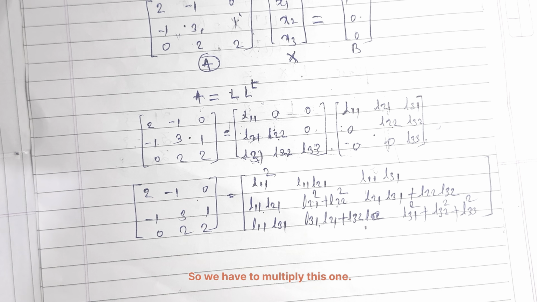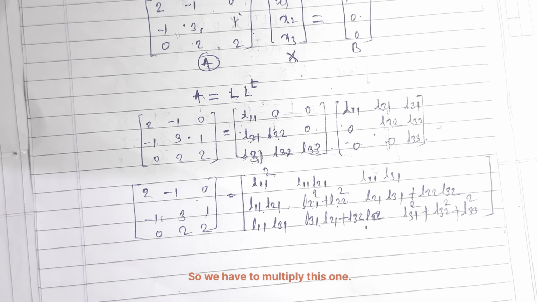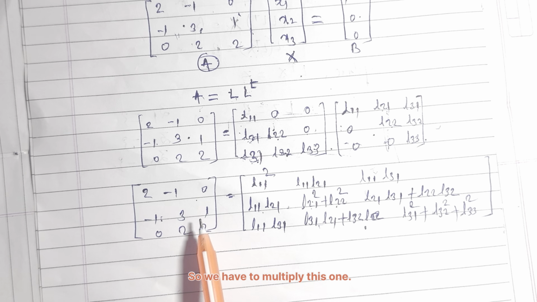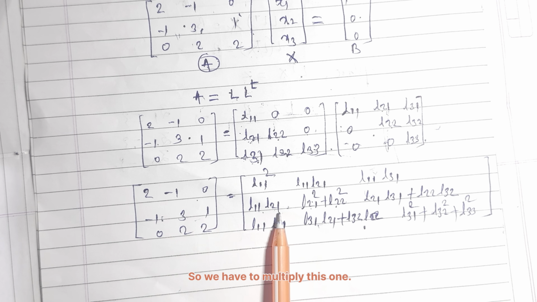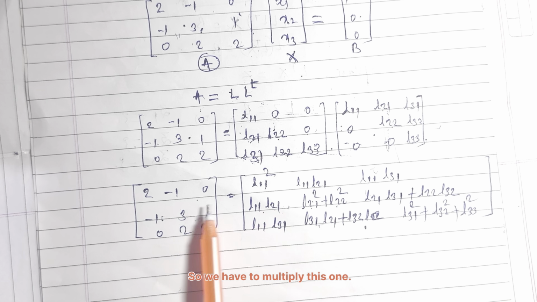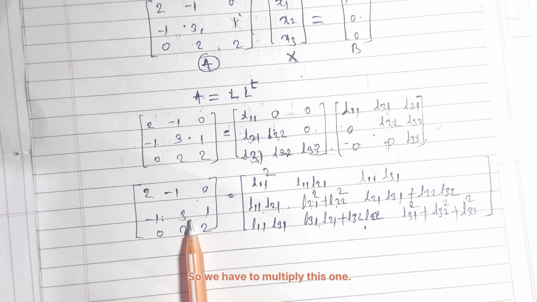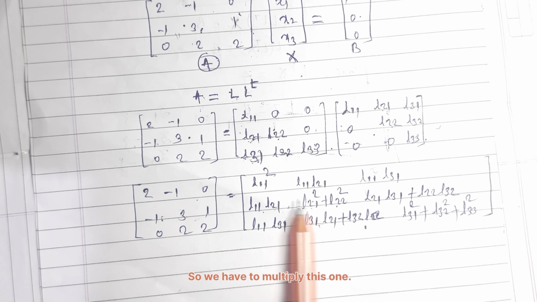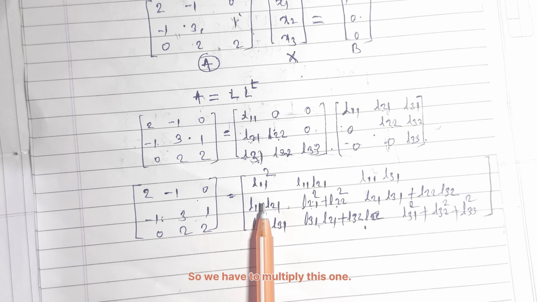Now I'm going to equate the matrices. See that it represents that these two matrices are equal. This is a 3 by 3 matrix and this one is a 3 by 3 matrix. These two are equal.